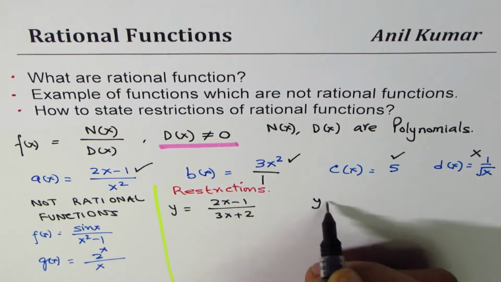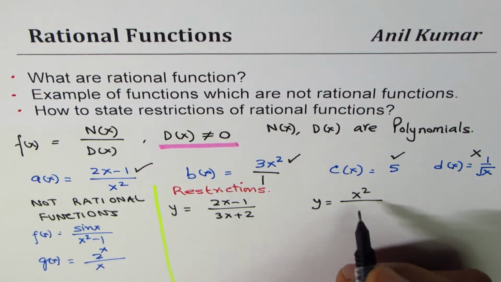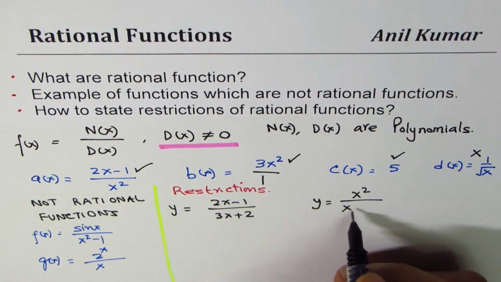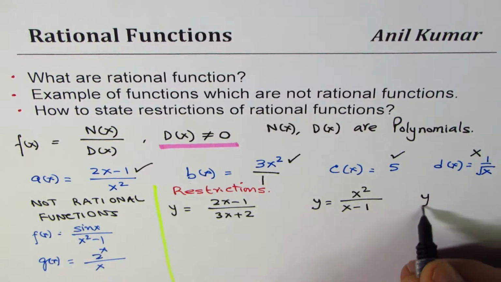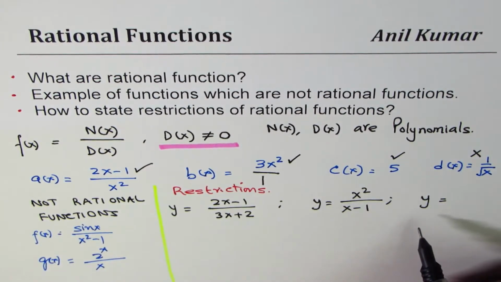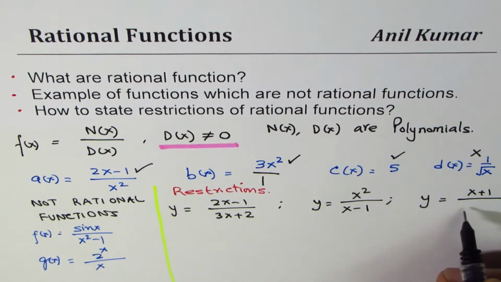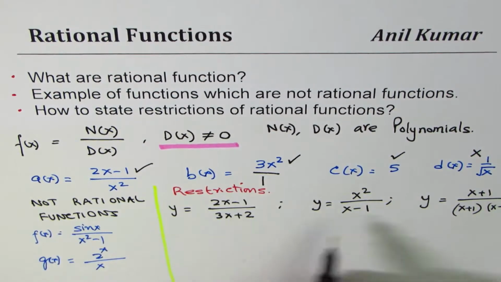Then we have y equals x squared over x minus 1, and then we have y equals 2. So we have different functions, right? We'll try to find restrictions on the domain of these functions. Is that okay? So we could have here x plus 1 over x plus 1 times x minus 1. So these are a few functions which I have taken.